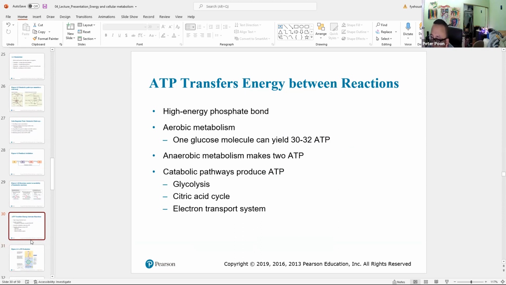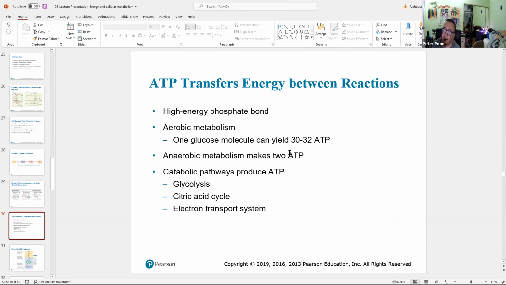So one glucose molecule can yield about 30 to 32 ATP. Every molecule of glucose you eat can yield about 30 to 32 ATP in aerobic metabolism. In anaerobic metabolism, when you have no oxygen, it can only make 2 ATP.